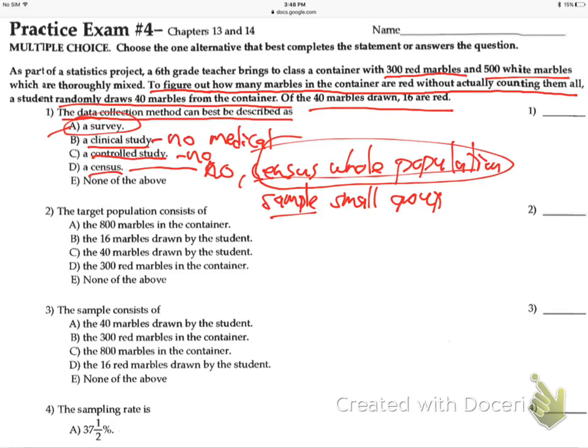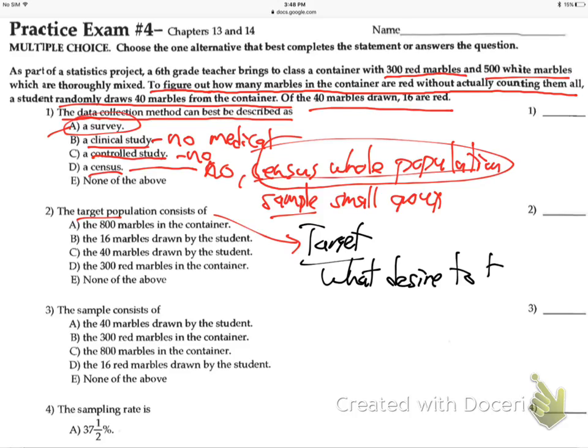What do they want to know? So target is what we desire to know. Why are they grabbing the 40 marbles and 16 in a row? Why are they doing that? What does it say? To figure out how many marbles are red out of all the marbles.